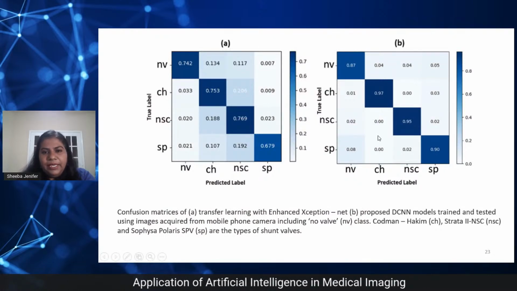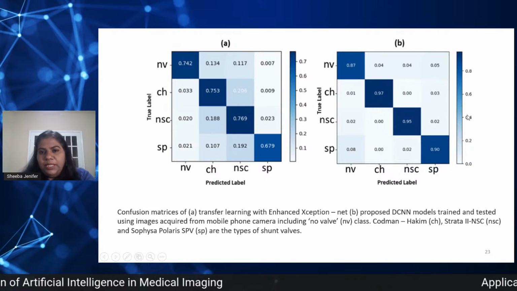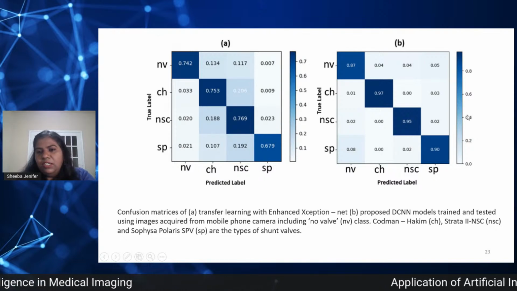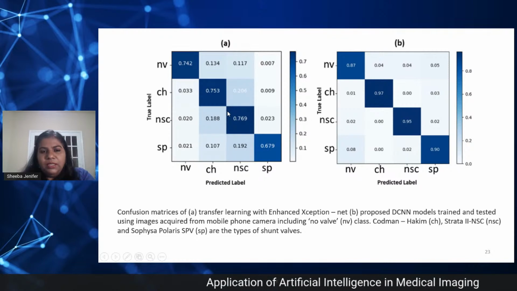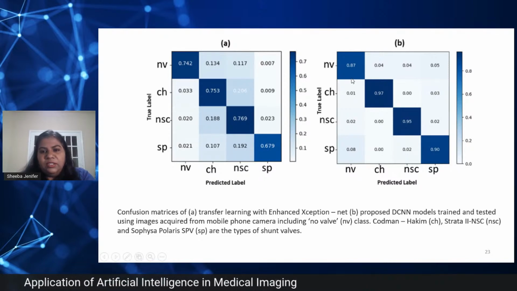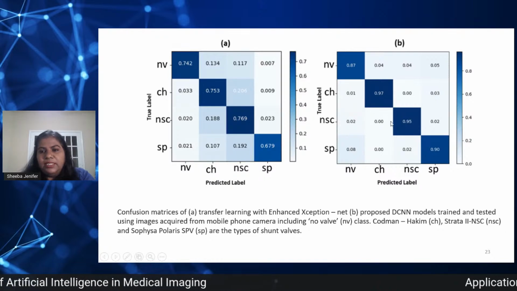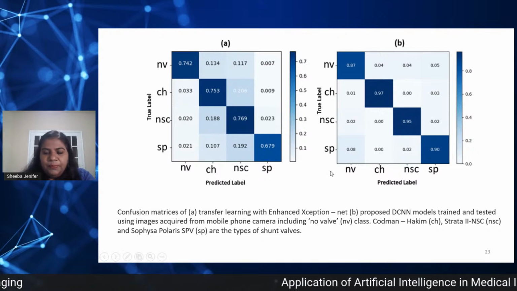You can see I've compared 2 models here, and figure B is the recent model we have proposed. Now you can compare this confusion matrix with the previous one. We can see good improvement, with a classification accuracy of about 0.87, 0.97, 0.95, and 0.90 for the different classes of shunt valves.